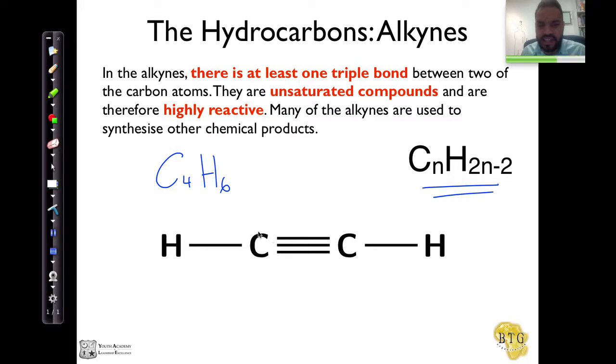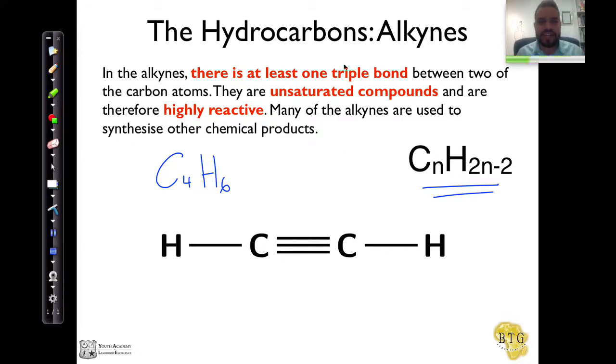So we can see over here, here's one carbon, and here's another carbon, and between the carbons there is a triple bond: bond 1, bond 2, bond 3. Around every single carbon, we know we need at most 4 bonds. So I've got 1, 2, 3, 4 around that carbon, and 1, 2, 3, and 4 around that carbon.